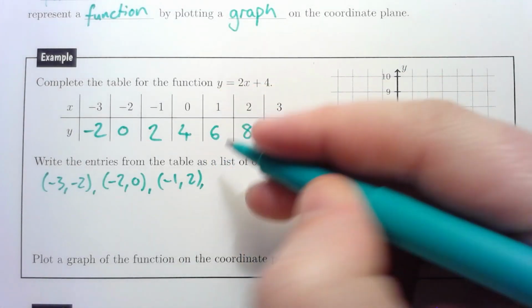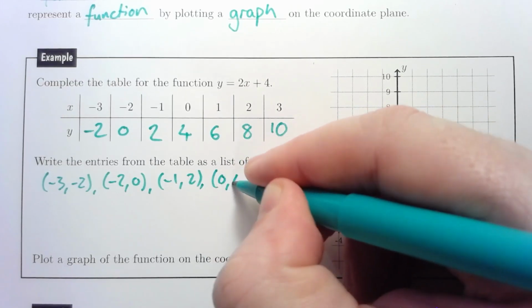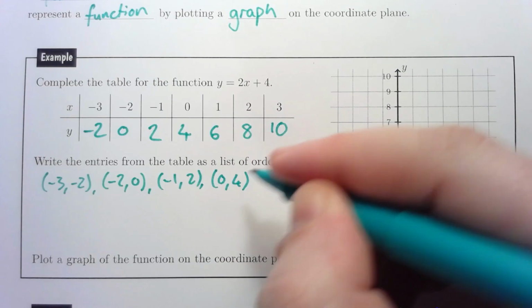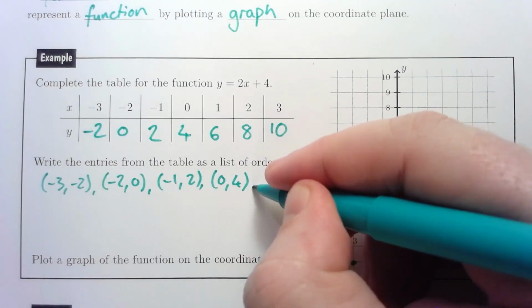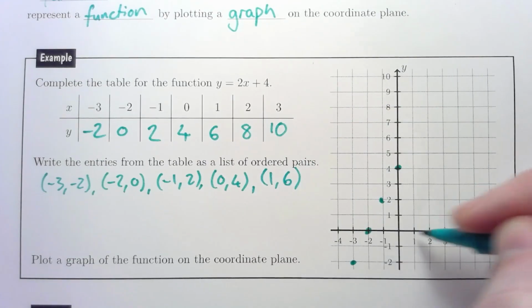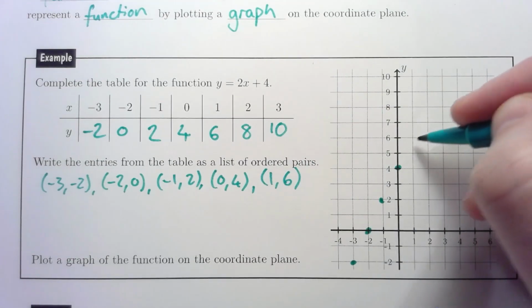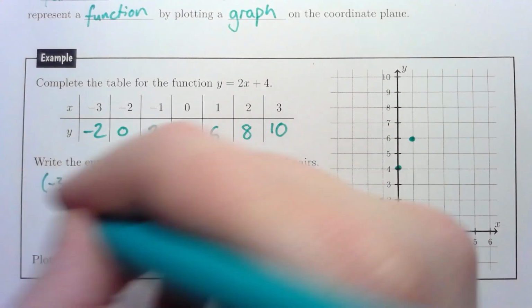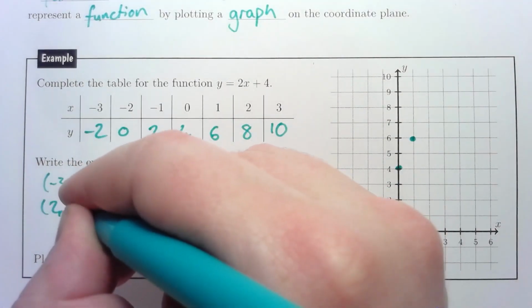Then we have 0, 4. That lands here. Then we have 1, 6. So 1 to the right, 6 units up, which is there. Next is 2, 8.